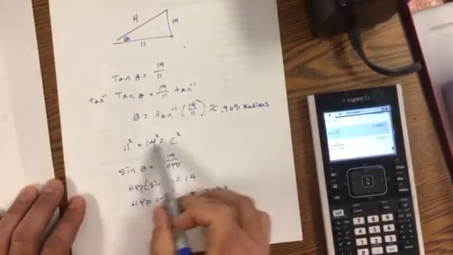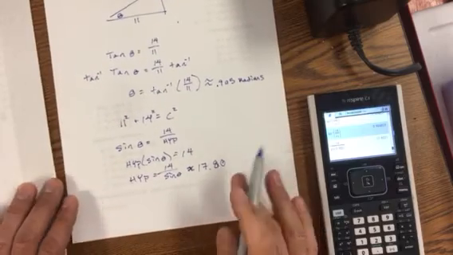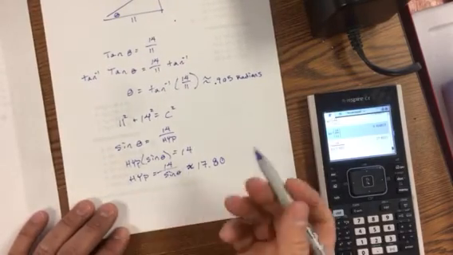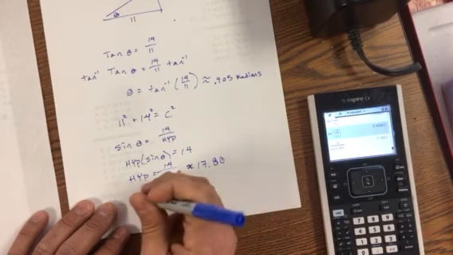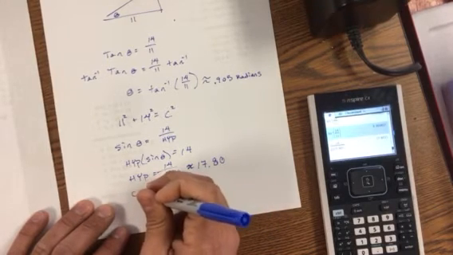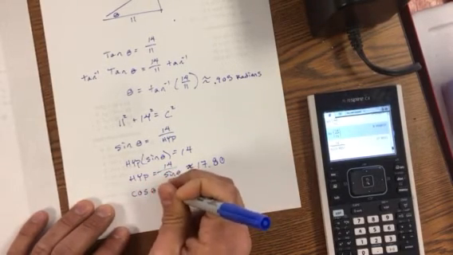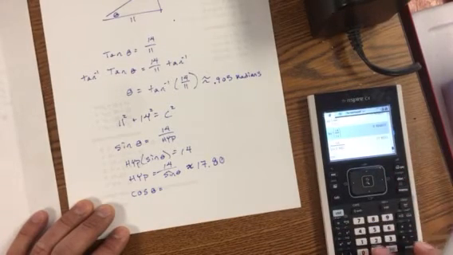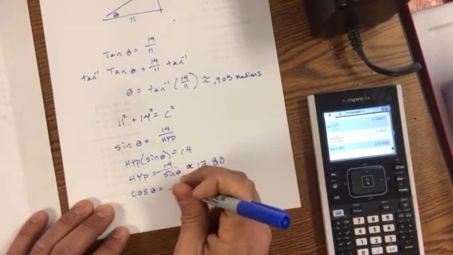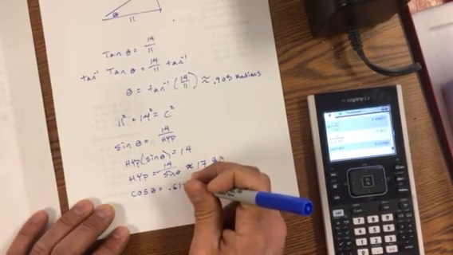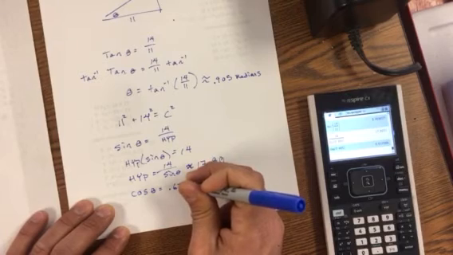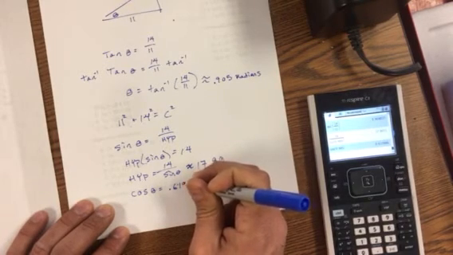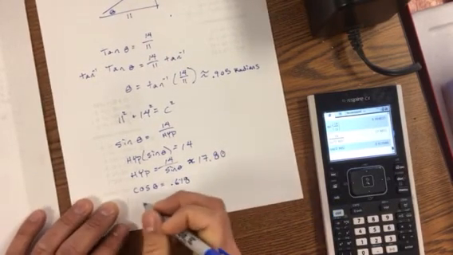I should get the same thing if I did this. It wants me to find all of them, so I'm going to find the cosine of theta, which I'm just going to put in the calculator. Cosine of 0.905 is 0.6183. That's the cosine.